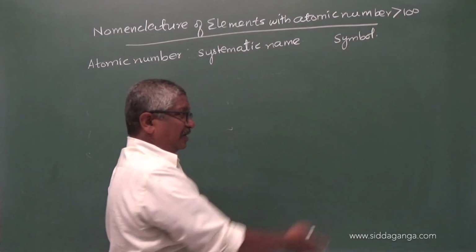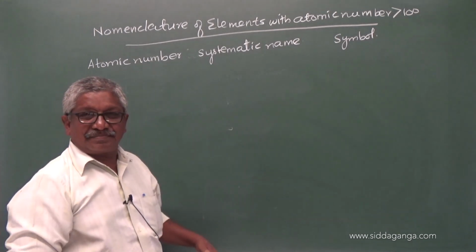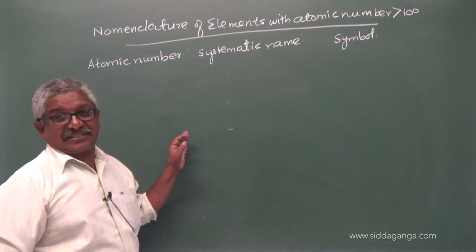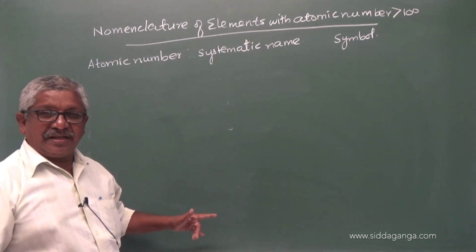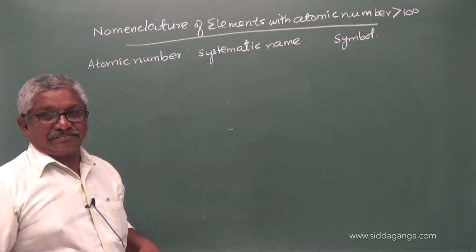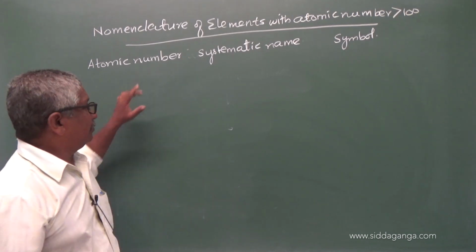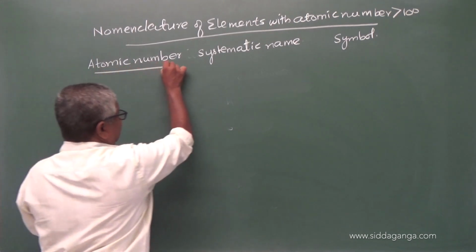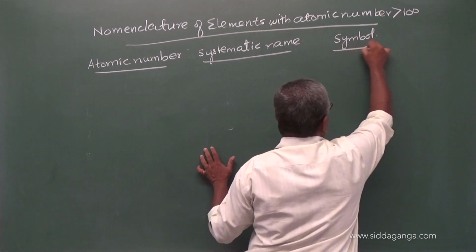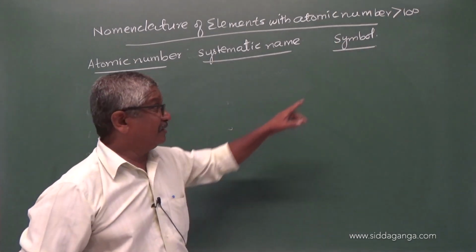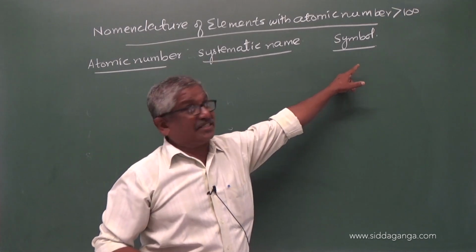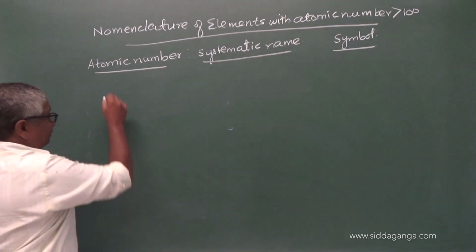After completion of this, I will write the IUPAC names of about 10 elements later. Following now: atomic number, its systematic name, and which symbol to give, the abbreviation. The symbol is to be collected from abbreviations. Systematic name for 100.